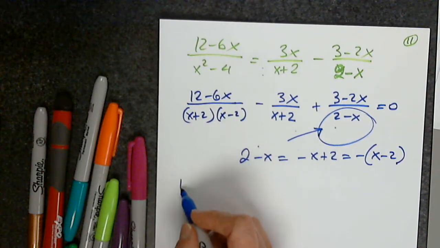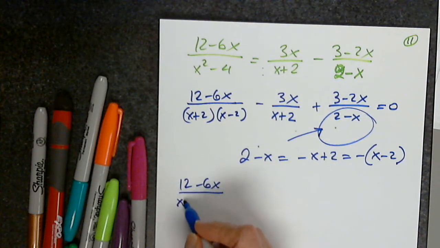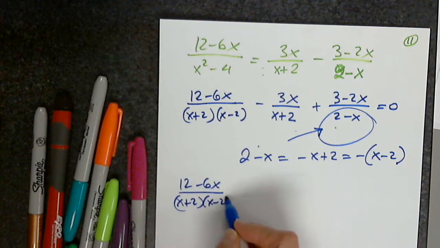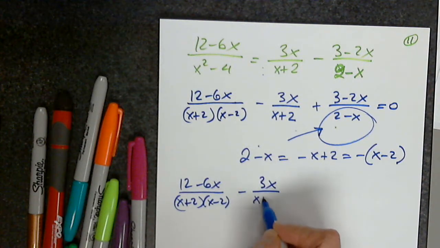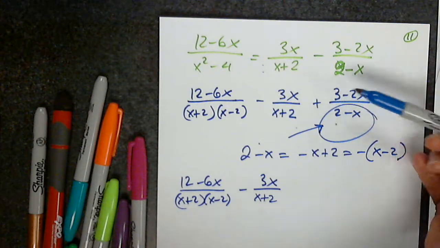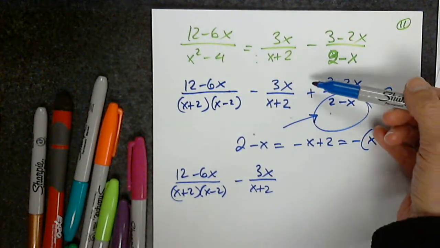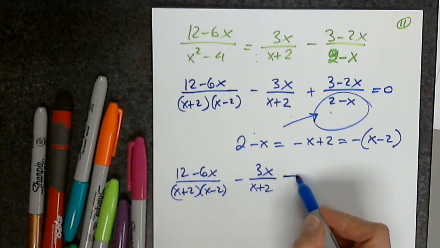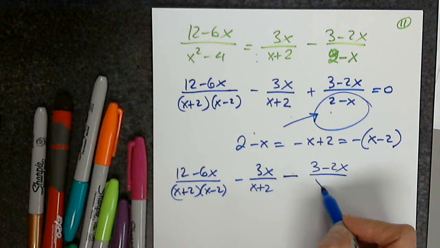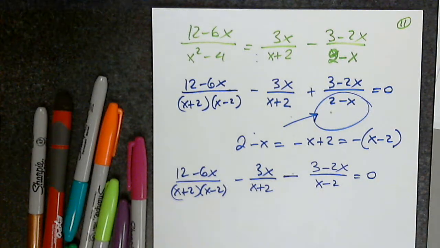I will rewrite 12 minus 6x over x plus 2, x minus 2, minus 3x over x plus 2. And now I can skip one step after doing these 6 problems already. Positive over negative, it's negative 3 minus 2x over x minus 2 equals 0.